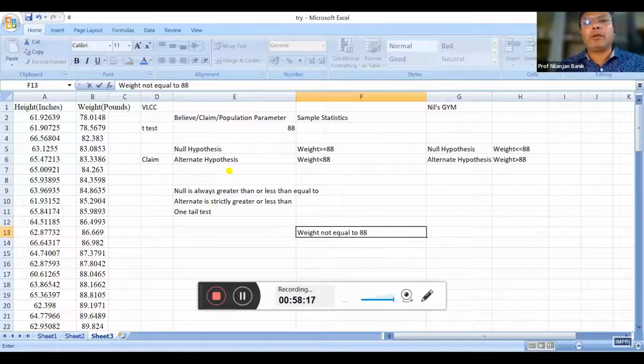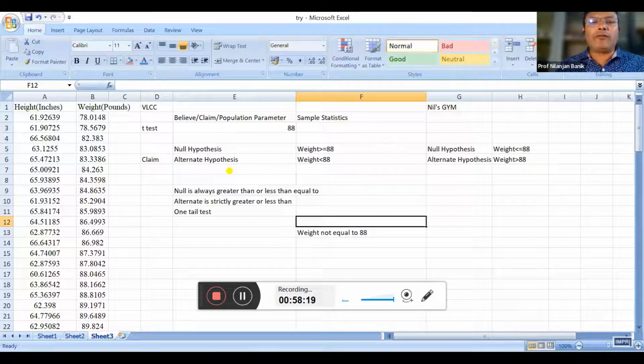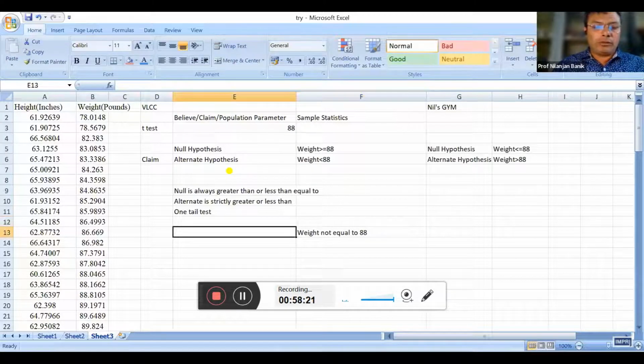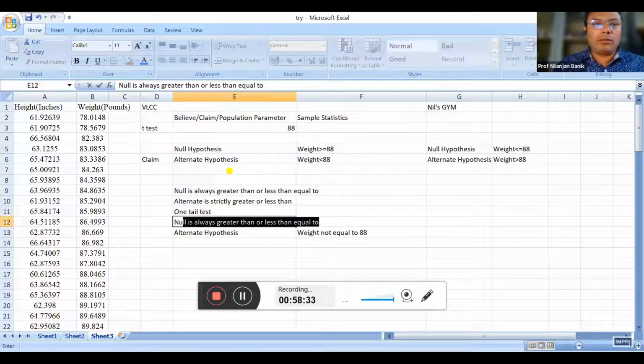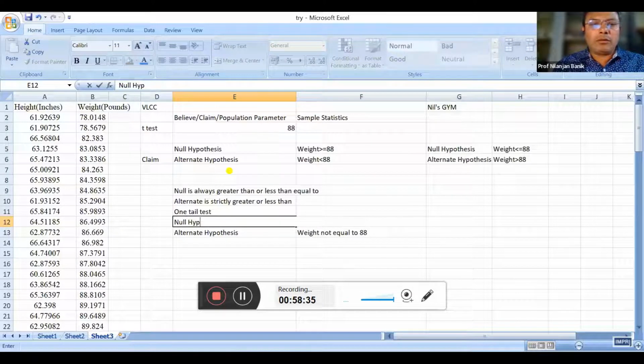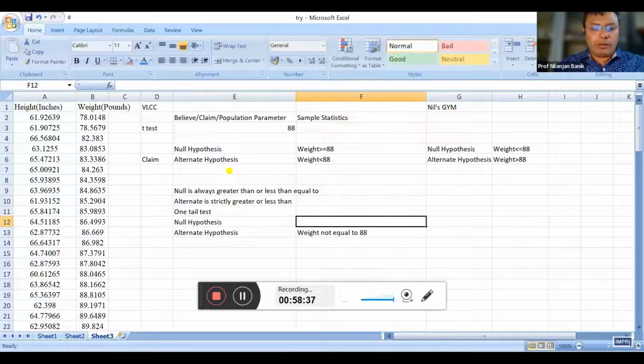Okay. So in case of two tail test, something we did in the context of the previous example, Tata Power and Adani Power. Here also null hypothesis would be weight is equal to, yeah, 88.